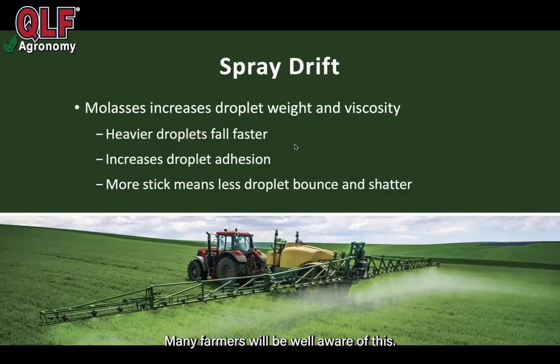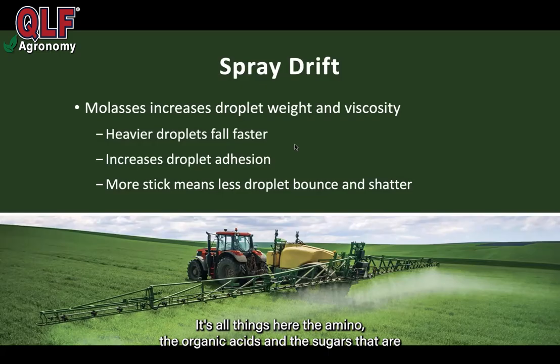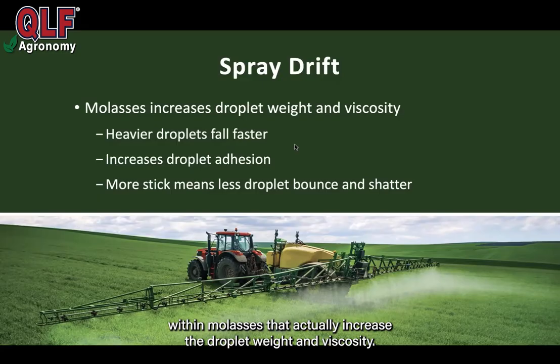Many farmers will be well aware of this. And again, it's all things here, the aminos, the organic acids, and the sugars within molasses that actually increase the droplet weight and viscosity. So again, think of a droplet of just soluble nutrients.